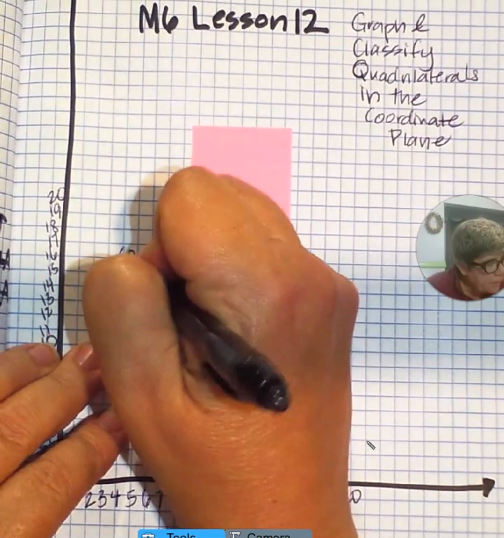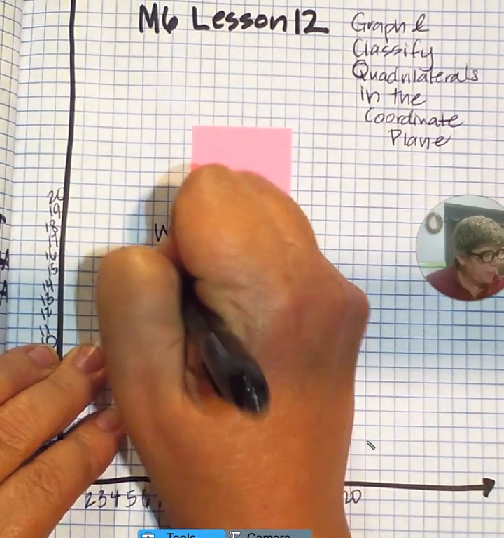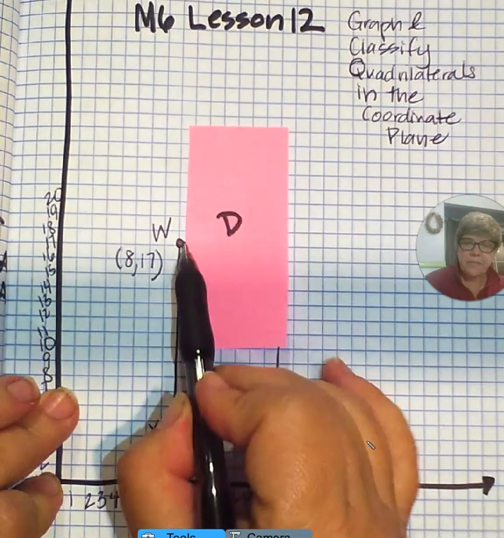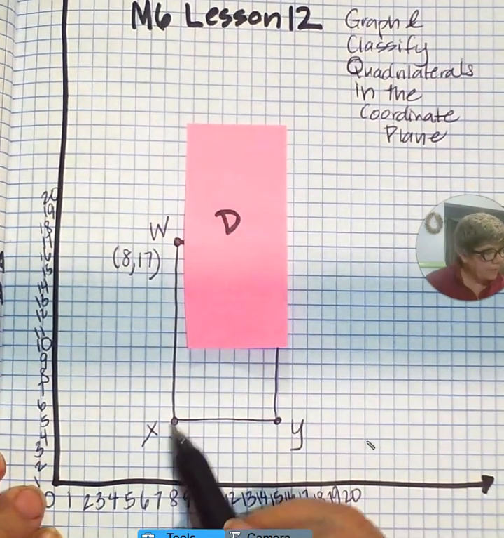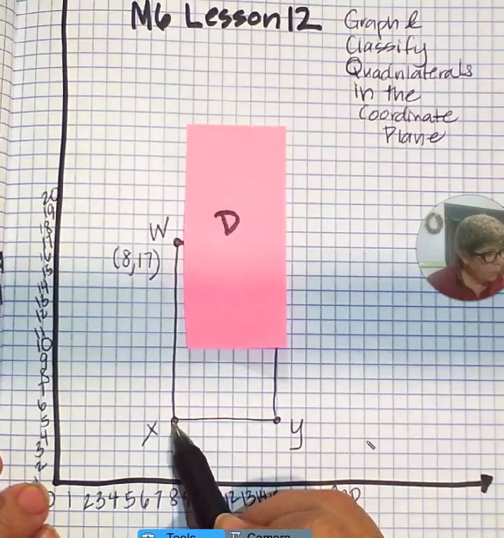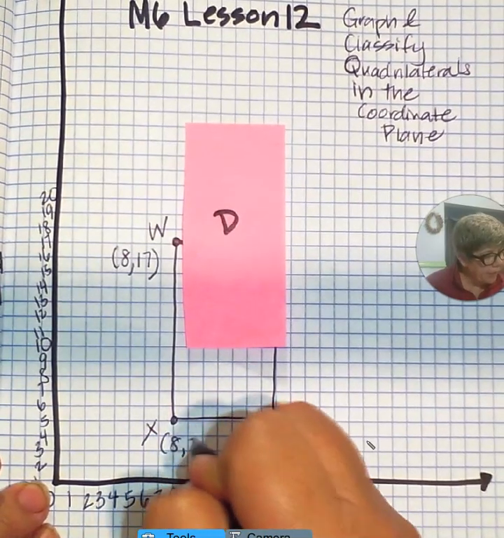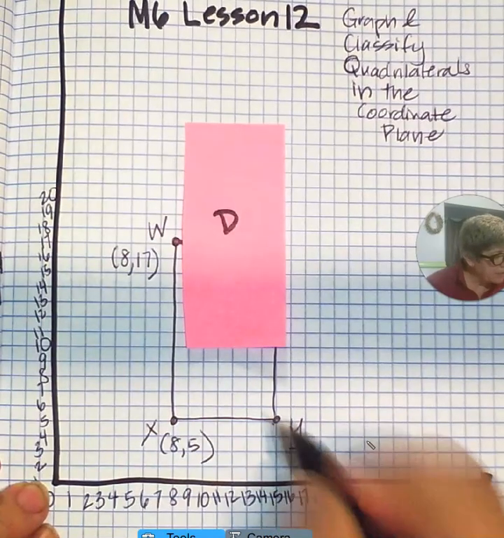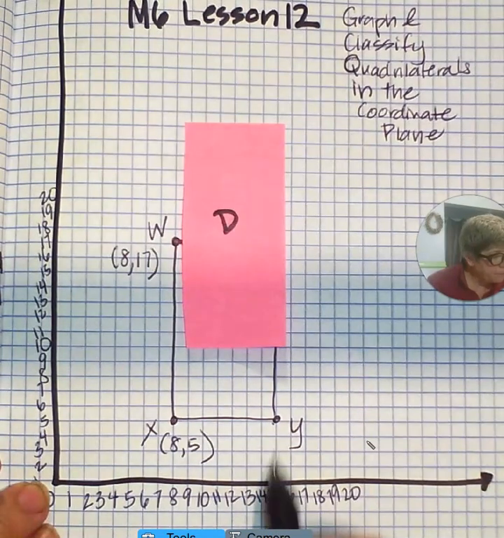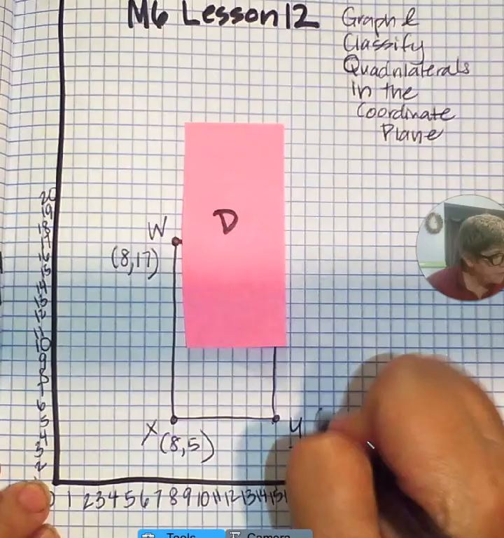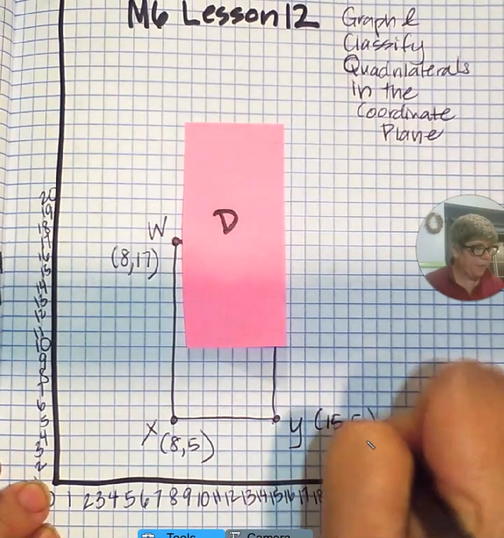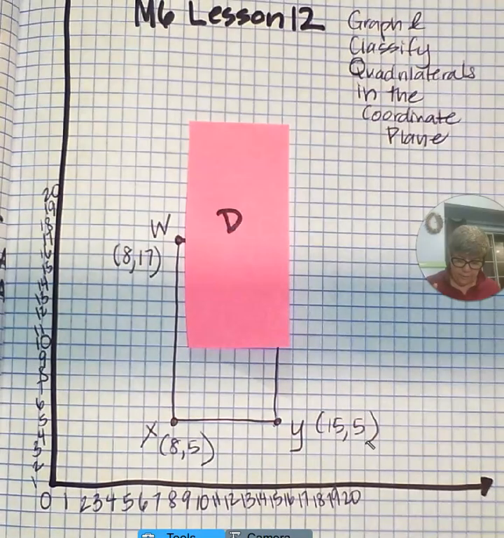So 8 is our X and 17 is our Y, across 8 and up 17. Point X would be also on 8 and 5, so 8, 5, and our Y is at 15 and 5, so 15 across and 5 up. And we don't know what our secret missing point is yet.